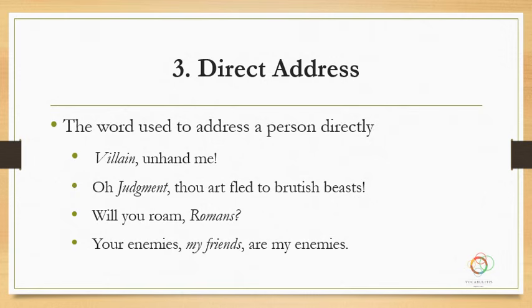Your enemies, my friends, are my enemies. What? Okay, stop and think about it. Okay, this is: your enemies, my friends, are my enemies. So I'm talking to my friends, you. I'm calling you my friends. And so this is a direct address, and my statement to you is that your enemies are my enemies.